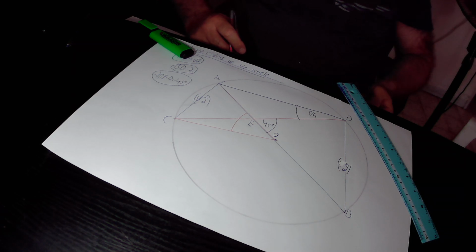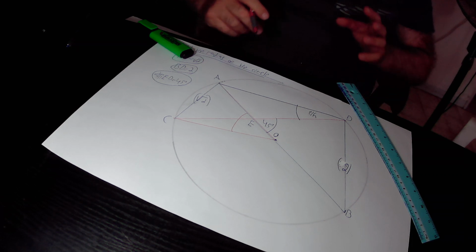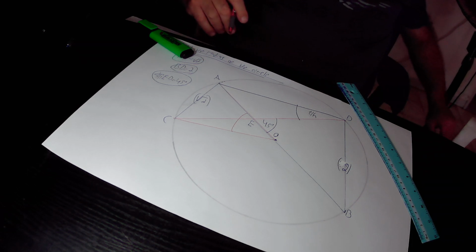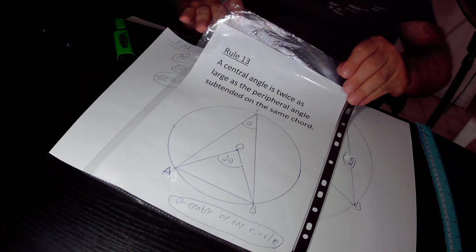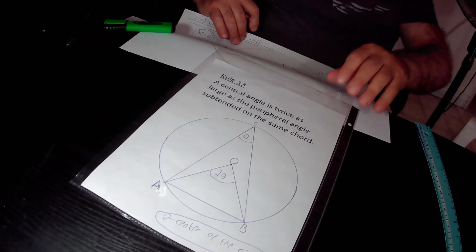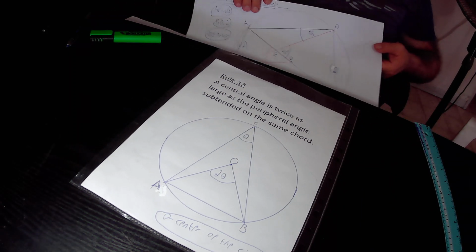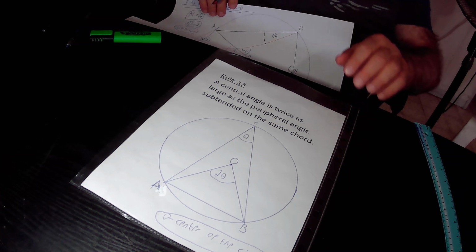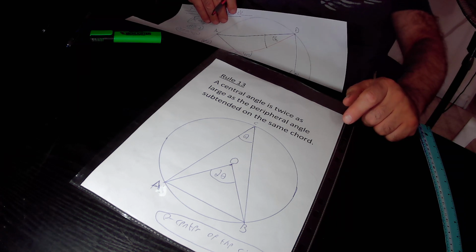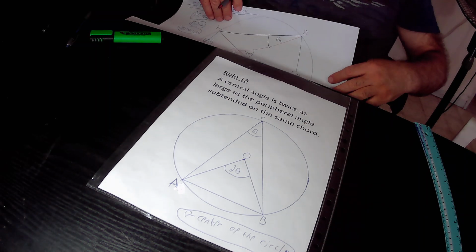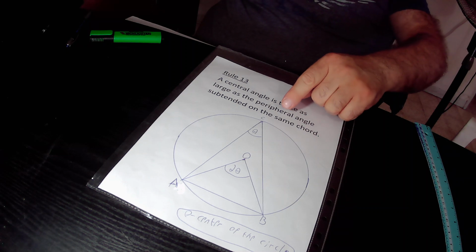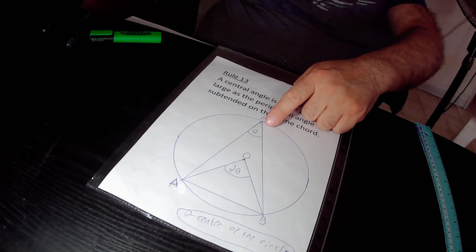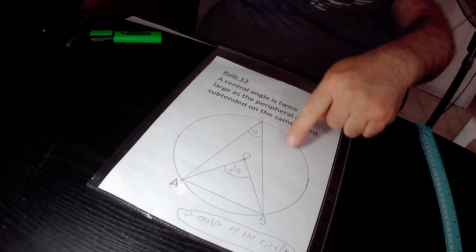So in the next step, we will implement rule 13 in our drawing. So I'll repeat quickly rule 13. According to rule 13, a central angle is twice as large as the peripheral angle subtended on the same chord. So in the drawing we have a circle, and inside this circle, this is peripheral angle ACB.